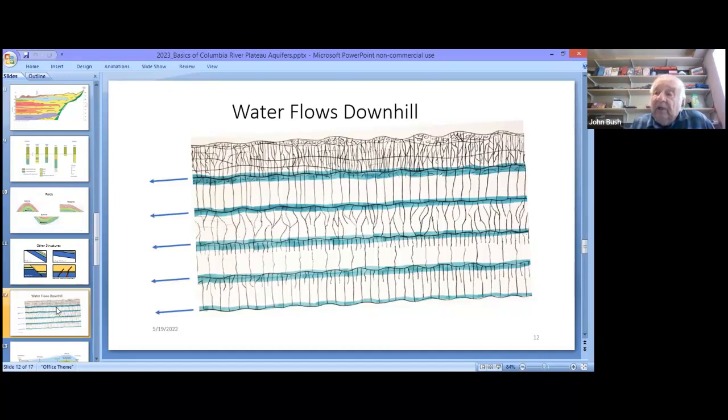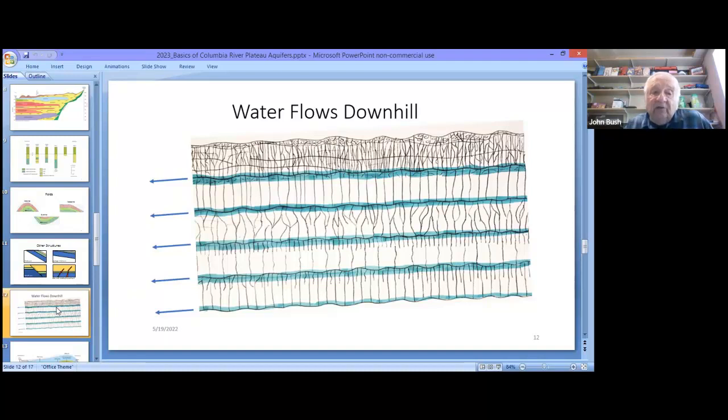Rydell points that out in his summary of gas storage potential in western Washington. The water moves down what he would call dip, which is a geology term. It can be downslope, whatever you want to call it. Water moves downhill and it moves down the dip of basalt units.